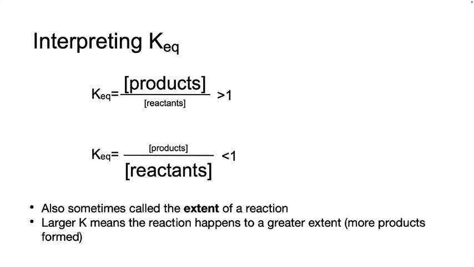If we think through general chemistry stuff, would we expect or want reactions to produce more products? Is that a good thing or a bad thing? It's a good thing. Do I want to produce more carbon dioxide? Is that a good thing? Okay.